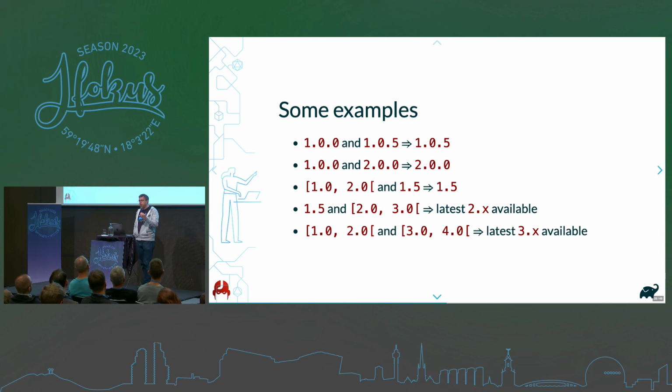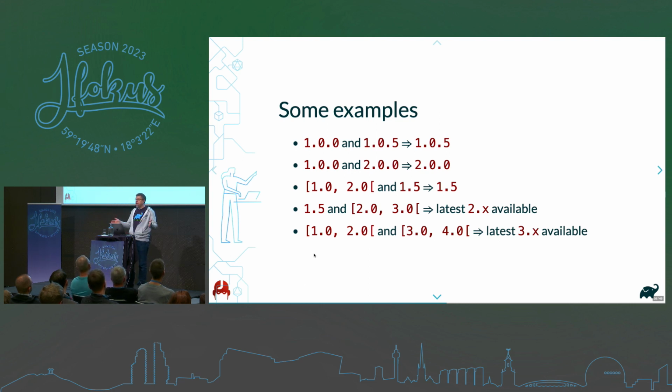If you've got a range and a version, then we will pick the version if it fits the range. But if you've got a range and a version that's outside of the range and lower, we will still take the latest 2.x available. So you're no longer giving us a preferred version inside the range. So we will take the maximum when we resolve. And then you've got tools in order to make sure that resolution remains repeatable.